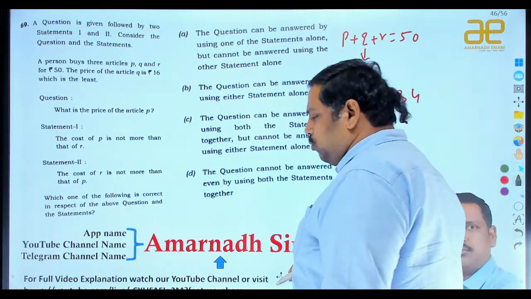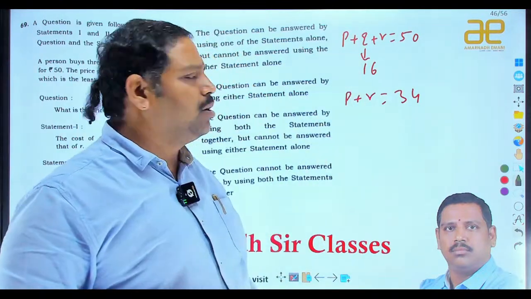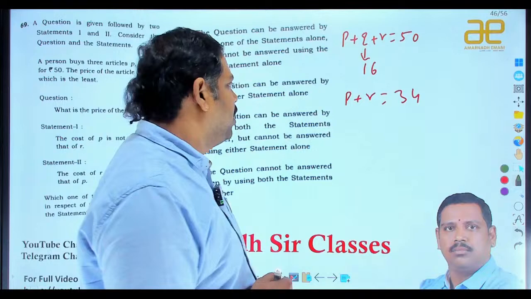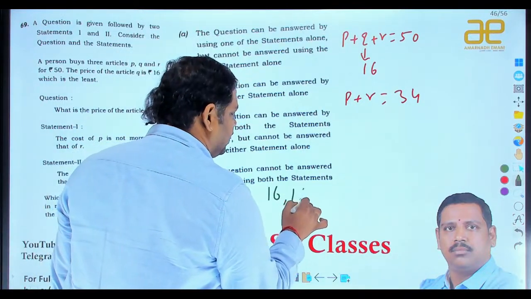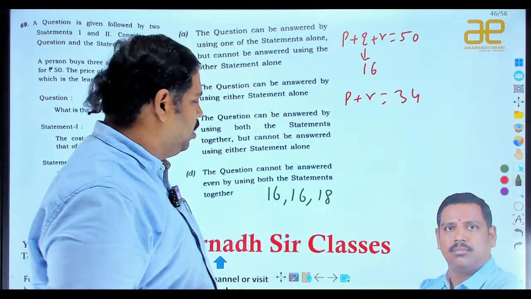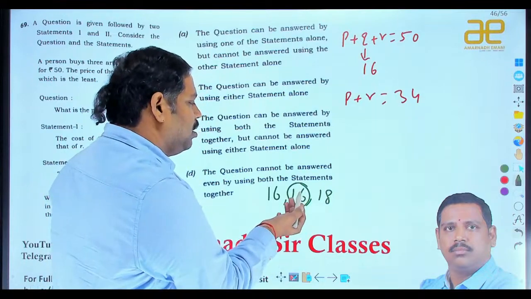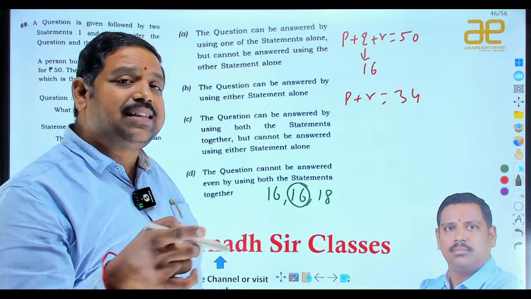Okay. So one problem I am noticing. Sir, that is the least. So if I take 3 numbers, suppose 16 and 18, sum is 50, verify. Yes, Q is least. P is also least because he has not specified that. Q is 16 is the only least.